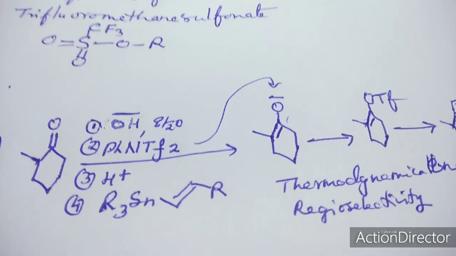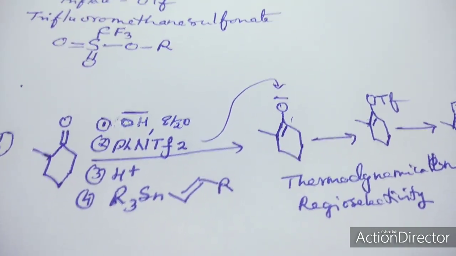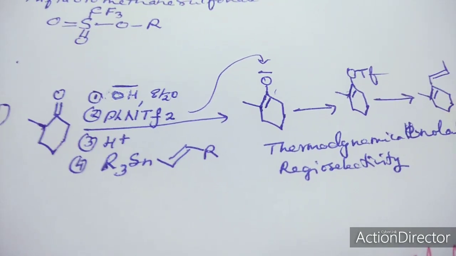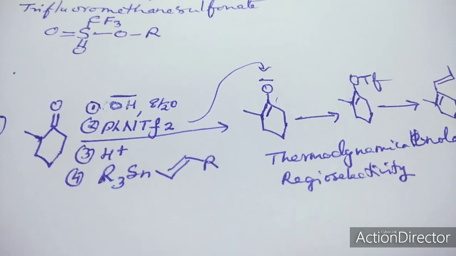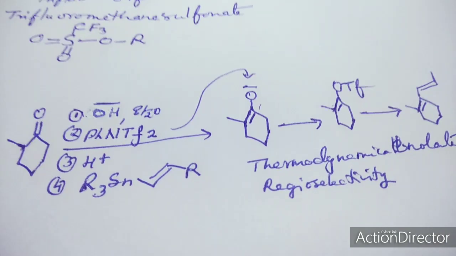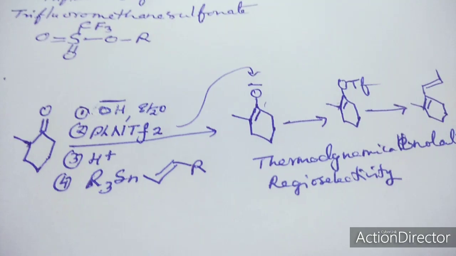Again, recollect our aldol condensation. This means this time we get the regioselective product, that is here we get the thermodynamically stable. So regioselectivity, rather than the other enolate, we are getting the thermodynamic enolate that is formed. And the reagents are similar as were shown earlier.